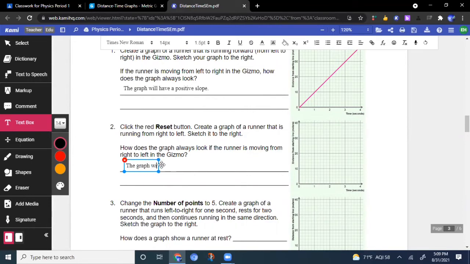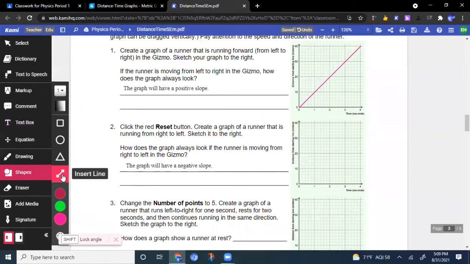The graph will have a negative slope. So as long as the slope is positive, the runner will go from left to right. As long as the slope is negative, the runner will go from right to left. So according to the one I created in the Gizmo, this is just one possible example.